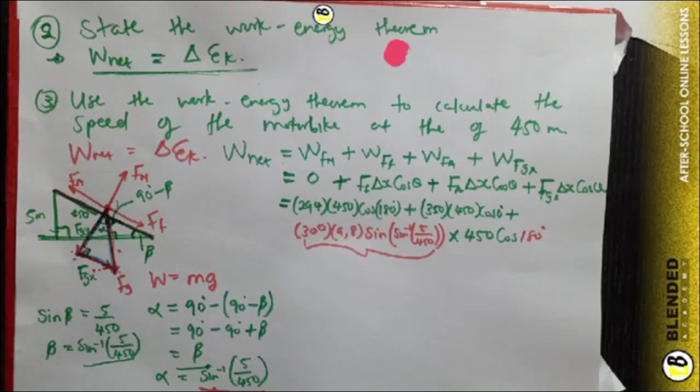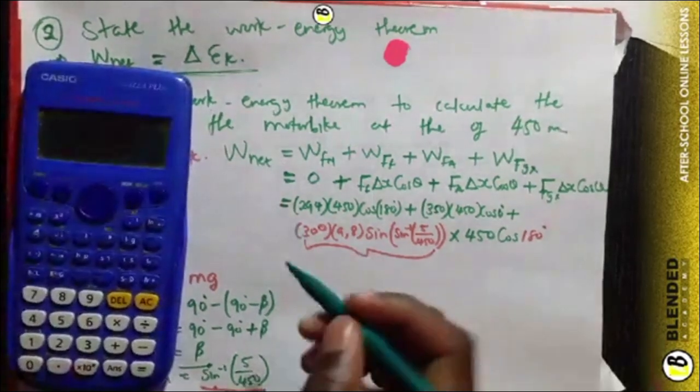Let me put it in the bracket. 300 by 9.8 by inverse sine of 5 divided by 450, multiplied by 450 cos 180 degrees, plus 294 multiplied by 450 cos 180 degrees. All right, so now this is what you have to get.